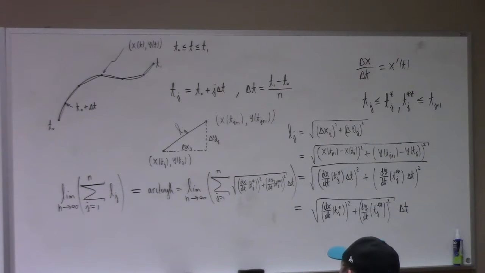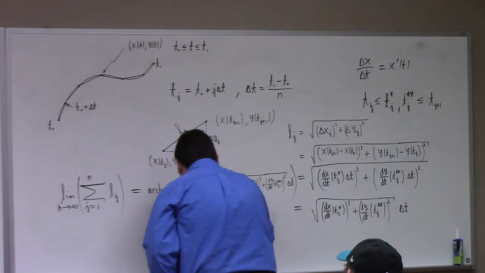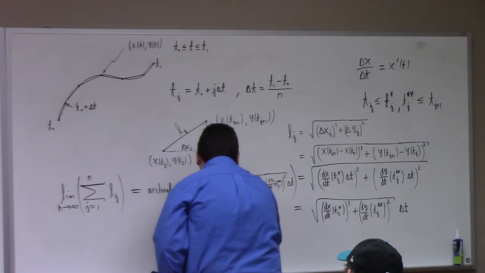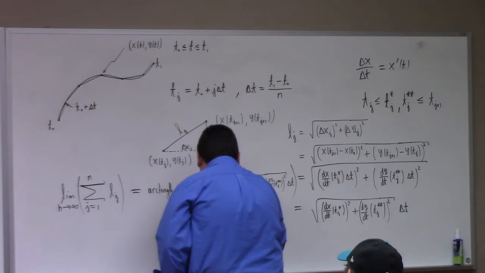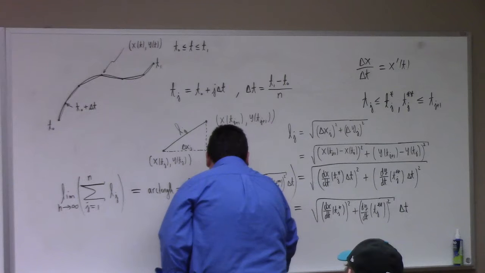That is nothing more than the Riemann integral. This is the integral from t0 to t1 of the square root of dx/dt, quantity squared, plus dy/dt, quantity squared, dt.